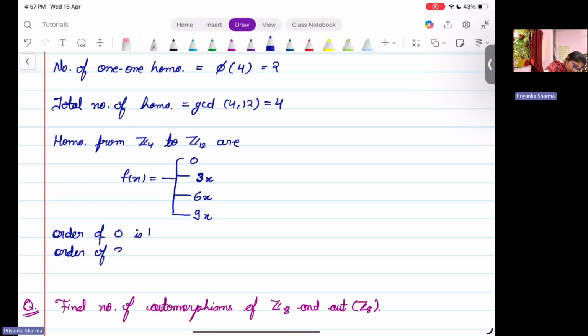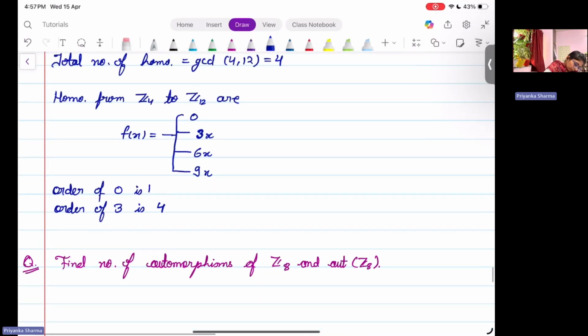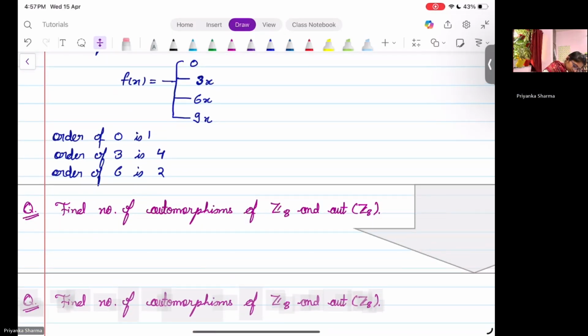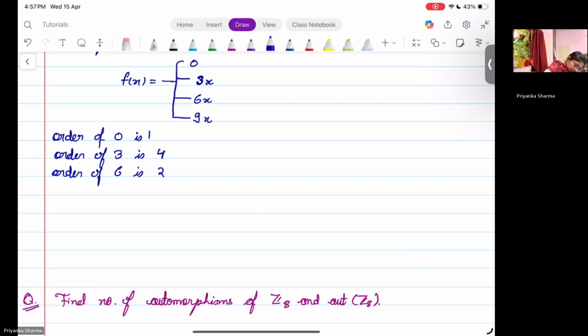Order of 3 is 4. Order of 6 is 2. Order of 9 is 4.